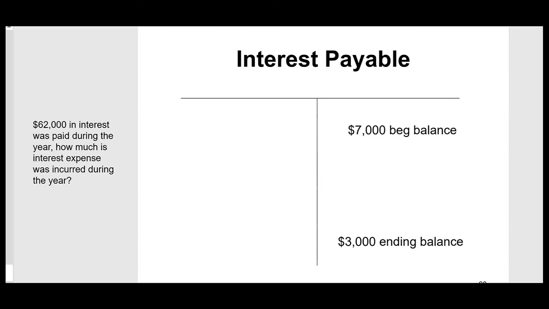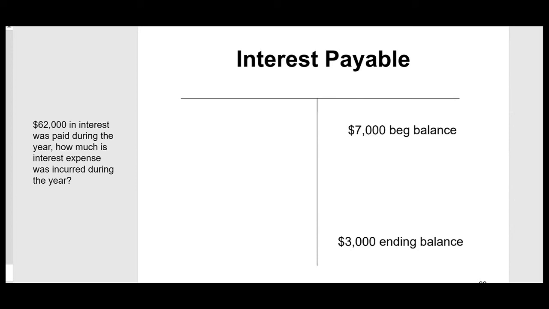What does that mean? Well, if payables go down, why do they go down? Because cash went down. So that means 62,000 was paid during the year. If payables dropped, that means you paid more this year than you incurred for interest by $4,000. So you paid $62,000, you must have incurred only $58,000.